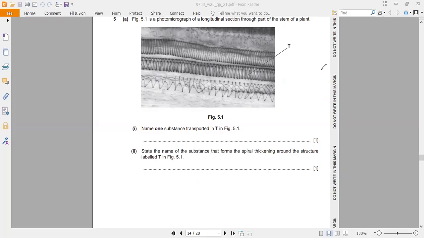So here we write the name of that substance that forms this spiral thickening. The lignification takes place by the deposition of lignin. So I'm going to write the answer over here: lignin.